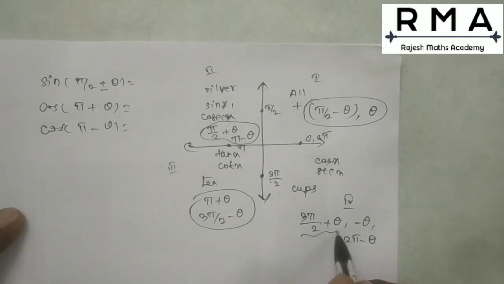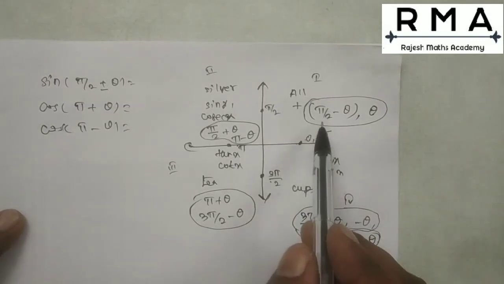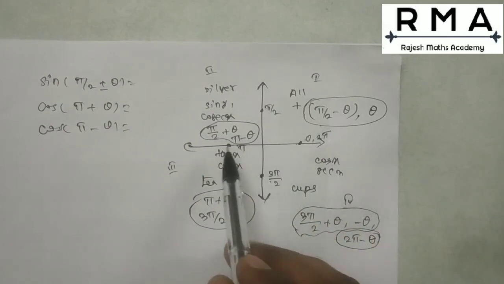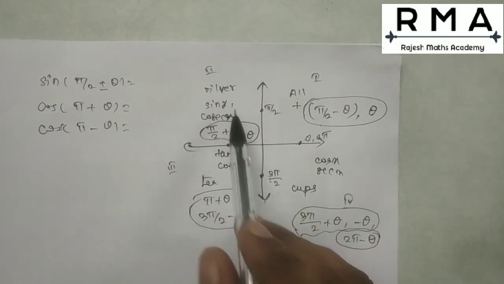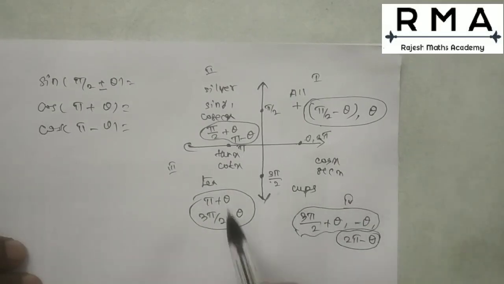Usually we will use these two, but sometimes we will use 2 pi minus theta also. Clear? Now we have written where pi by 2 minus theta, pi by 2 plus theta, pi minus theta, and pi plus theta are available, which quadrant each is in. Everything we have learned now.